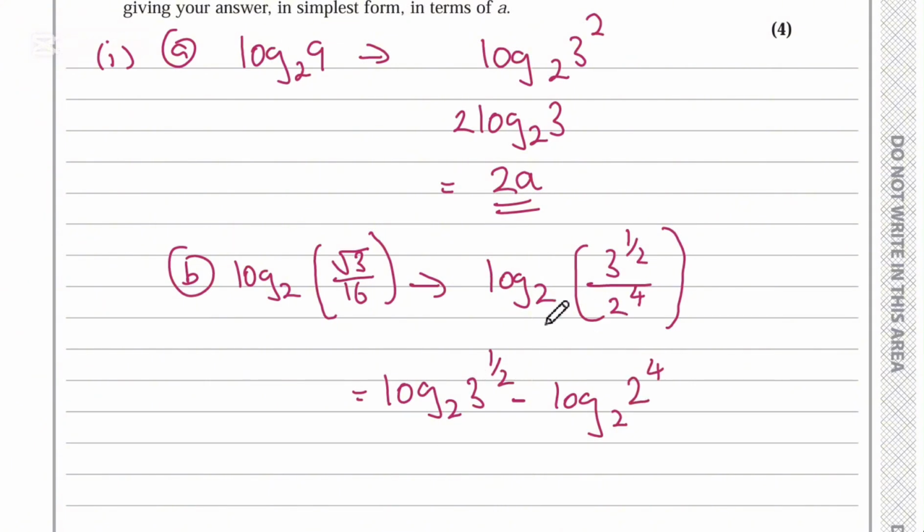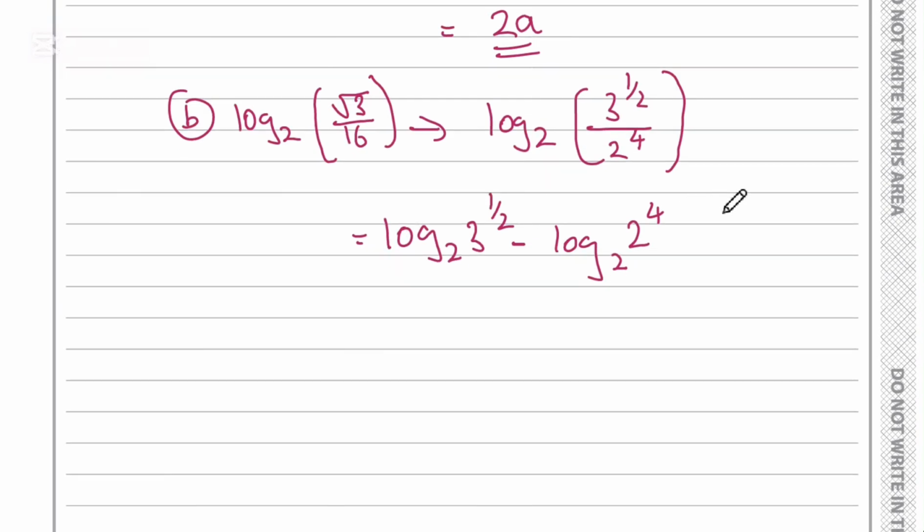Then I'm bringing the power down in each term. So in here, when the power comes down, it would be half log to the base 2 of 3, and here minus 4 log to the base 2 of 2.